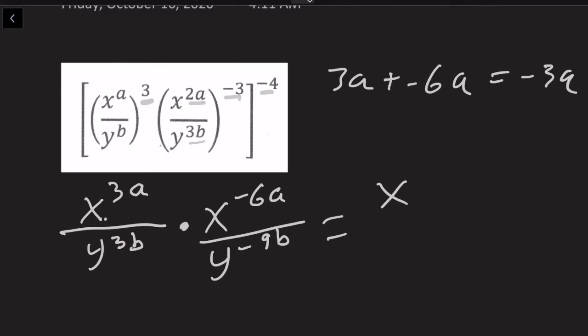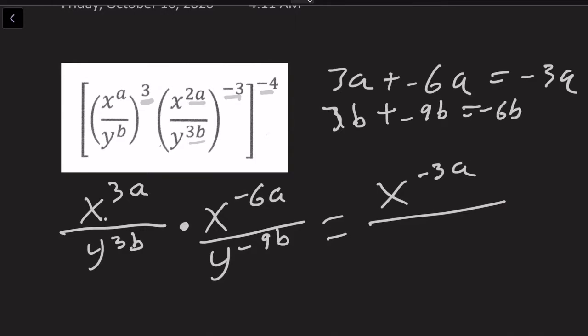So then you're going to be left with x to the -3a on top. And then on the bottom, you're going to be left with y to the 3b plus -9b, which is equal to -6b. So on the bottom is going to be y to the -6b.